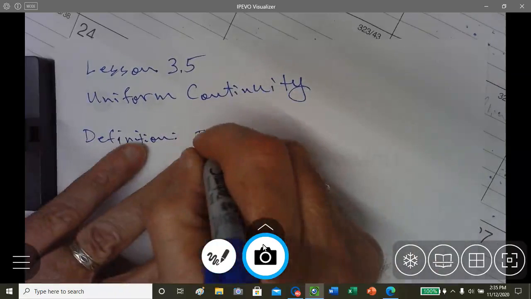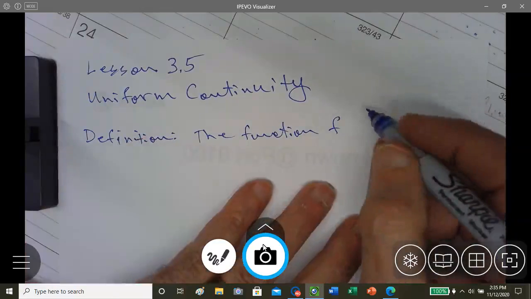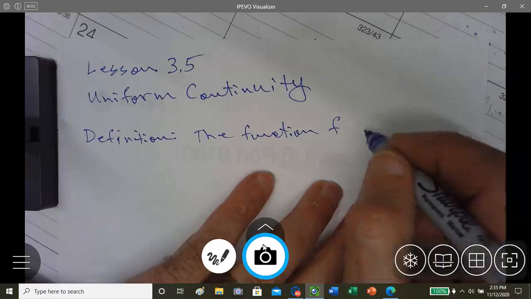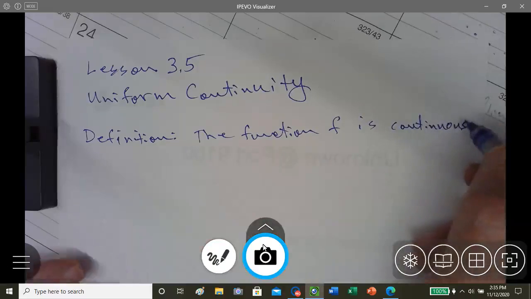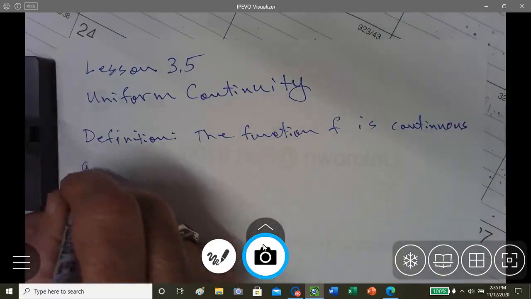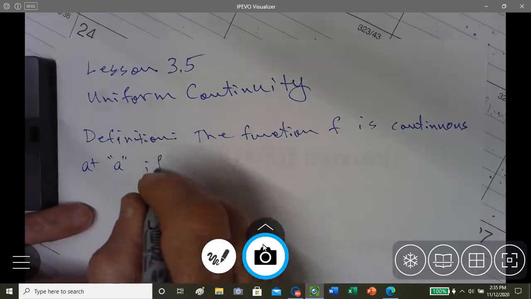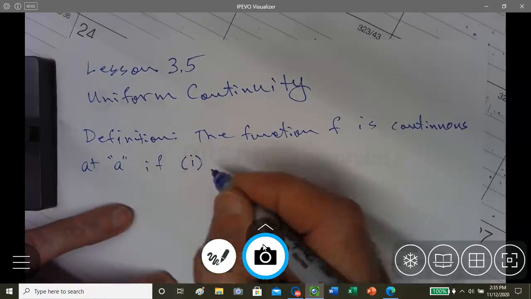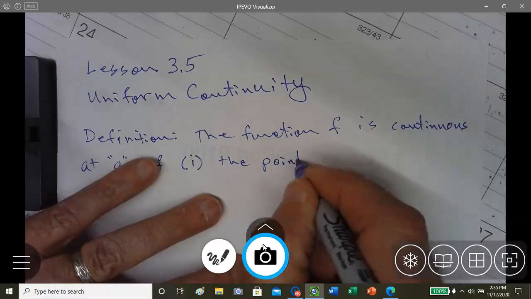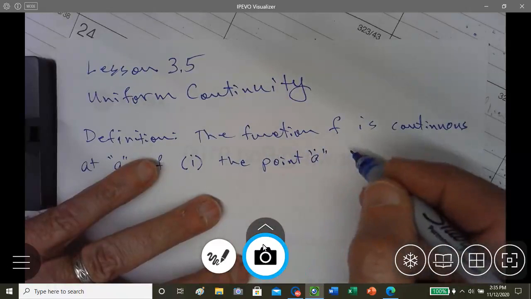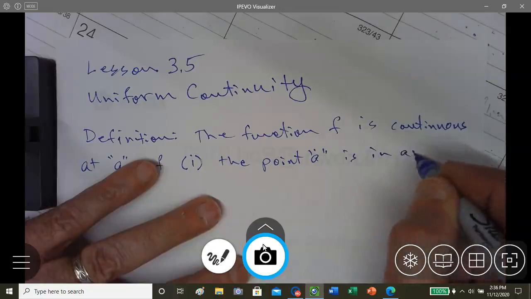Okay, the function is continuous at point A, where x is a, if, first condition, the point A is in an open interval.